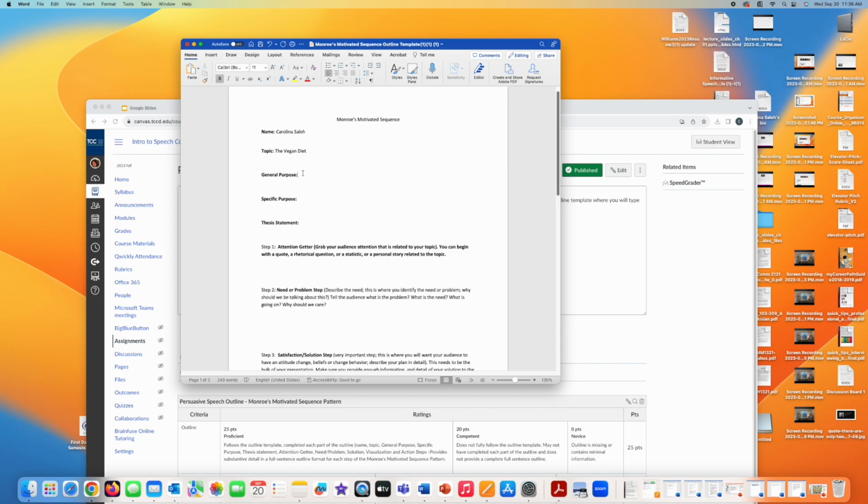The general purpose for a persuasive speech is just 2 words: to persuade. That's it, just 2 words. The specific purpose, remember here, after listening to my speech, and then you're going to go ahead and state the goal of your speech, and make sure it's not boldface.